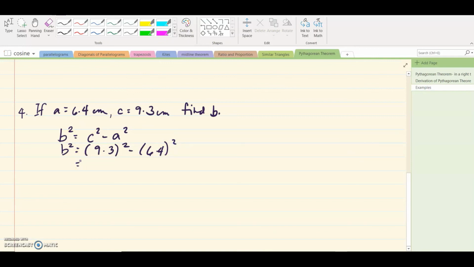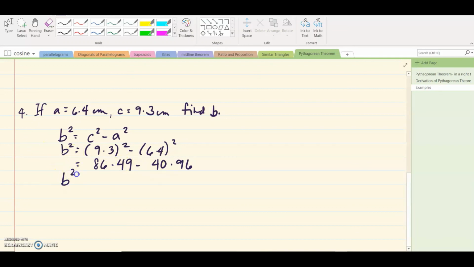So 9.3 squared is 86.49, minus 6.4 squared is 40.96. So 86.49 minus 40.96.